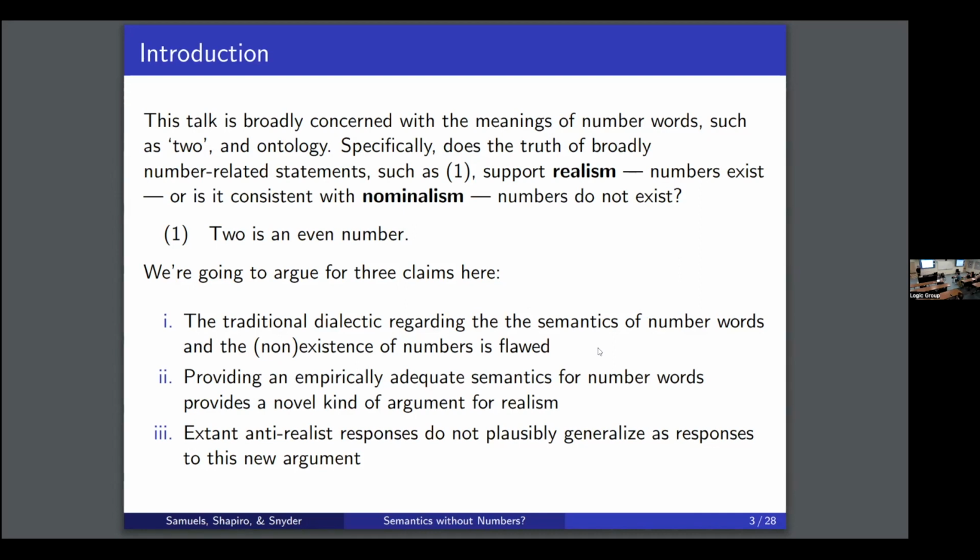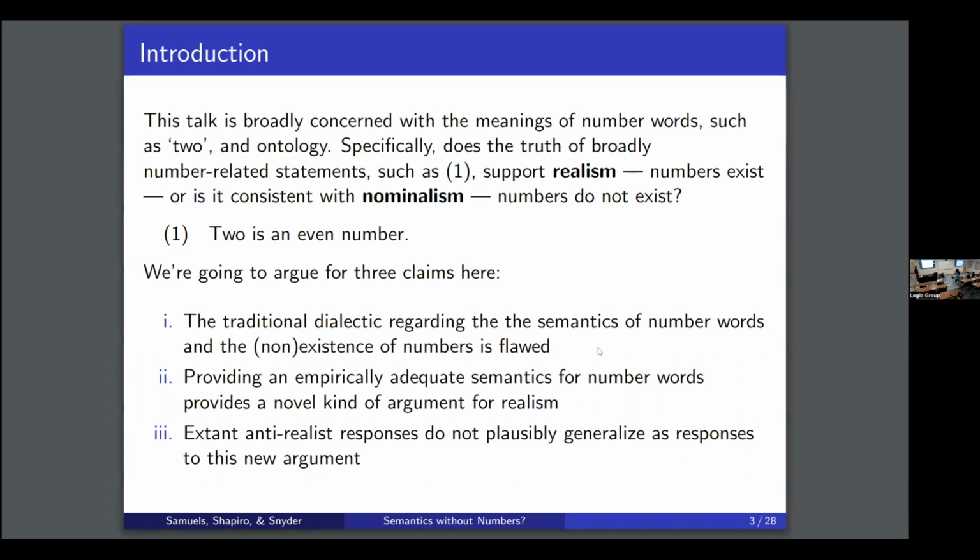So we're going to argue for 3 claims. First, the traditional dialectic regarding the semantics of number words and the existence or non-existence of numbers is flawed in a pretty bad way, we think. Secondly, providing an empirically adequate semantics for number words provides a novel kind of argument for realism, one that, as far as I know, is not well known in the literature.